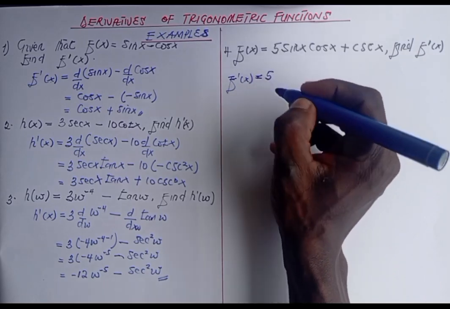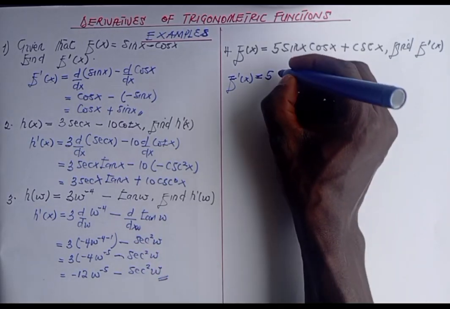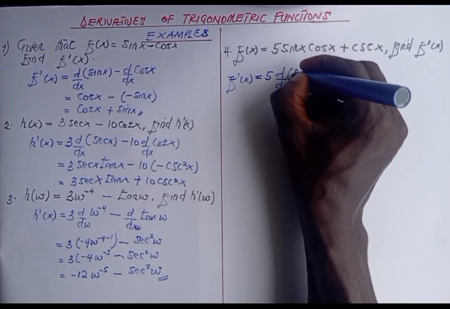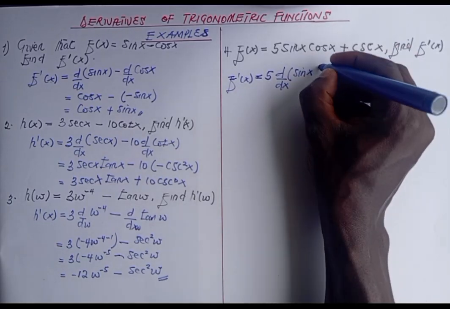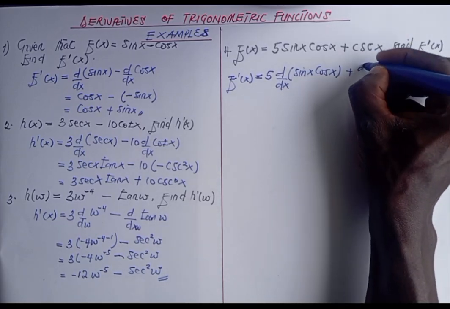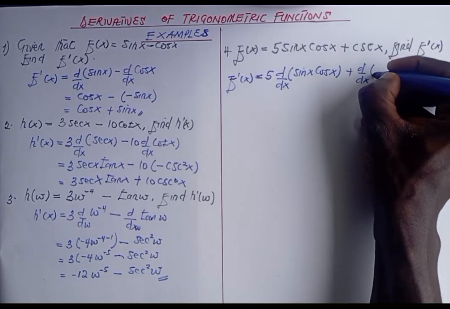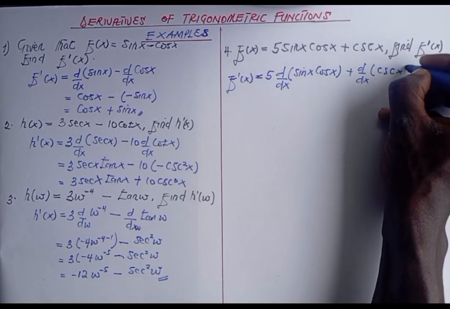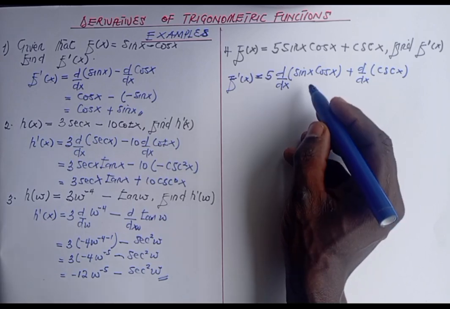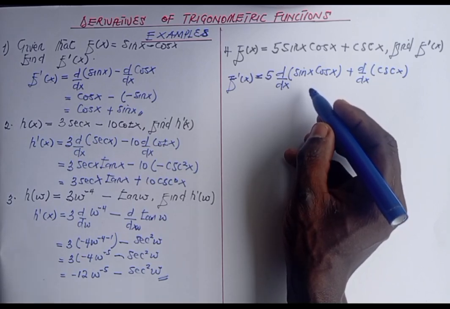We can bring our 5 out because it is a constant, and then we differentiate sine x and then cos x.